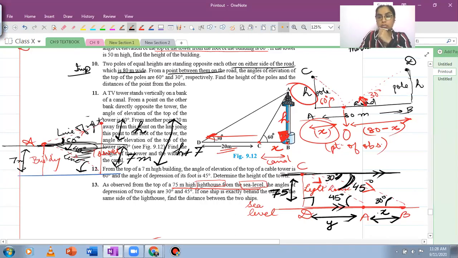In both these triangles, we will be using the lighthouse as the perpendicular. The base changes. छोटे ट्राइंगल में बेस बनेगा y और बड़े ट्राइंगल का बेस बनेगा x plus y. And then you can just work out the values you want to find out.